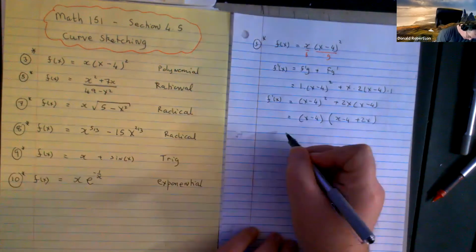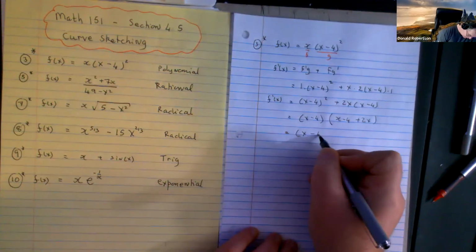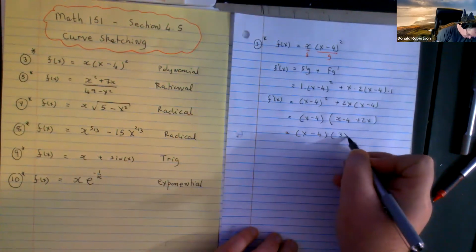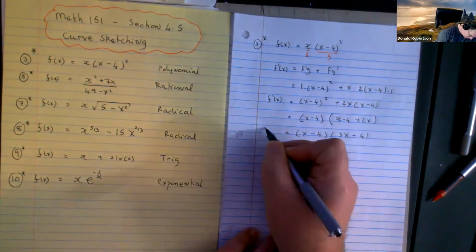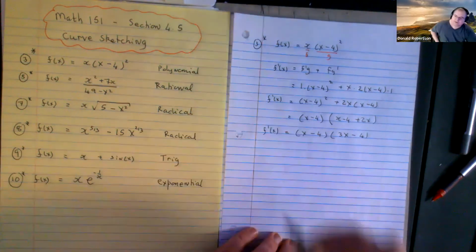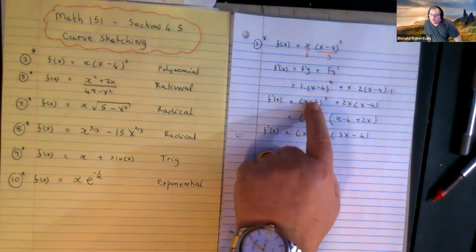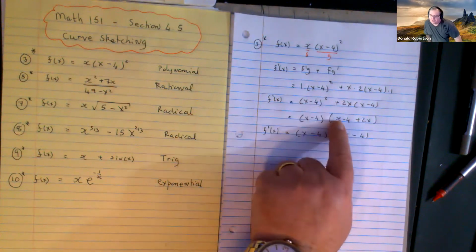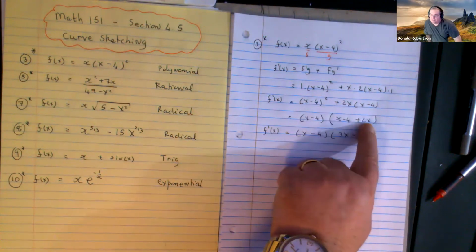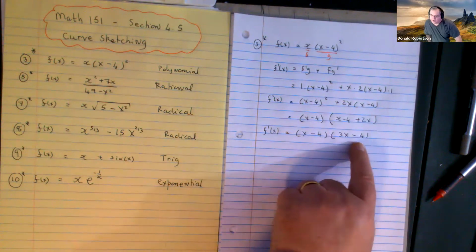And then if you tidy that up, you now have (x minus 4)(3x take away 4). Are you comfortable about how I did that factoring? I pulled out x minus 4 as a common factor. That left one of these x minus 4s and a 2x. And you add these together and you got that.